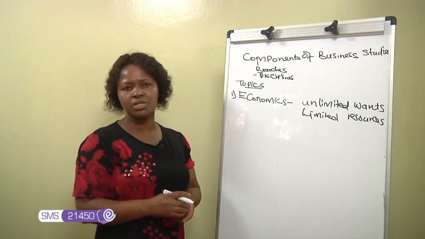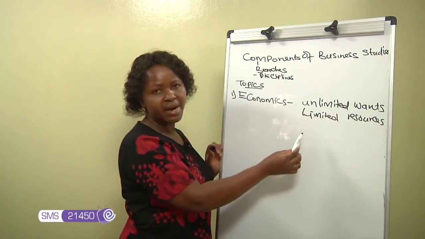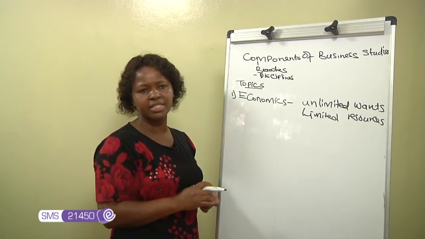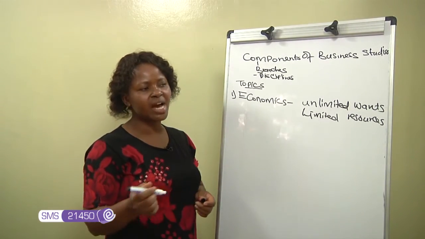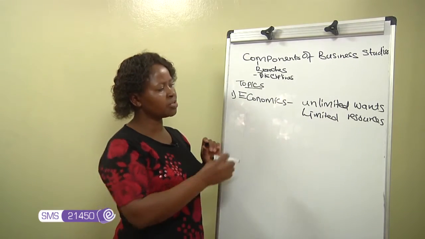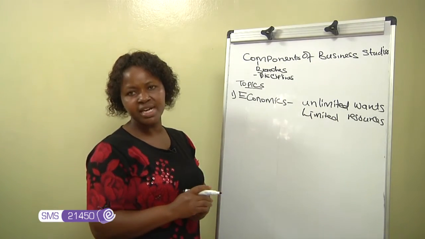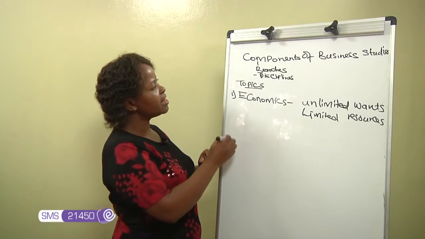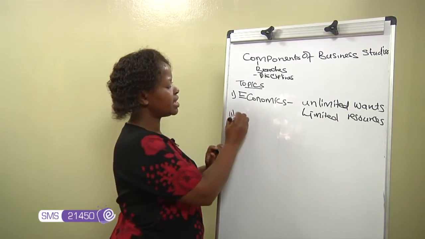As human beings, we experience a long list of wants, but the resources to fulfill these wants are limited. And therefore, as human beings, we have to strive because the resources to fulfill all that we need are limited.